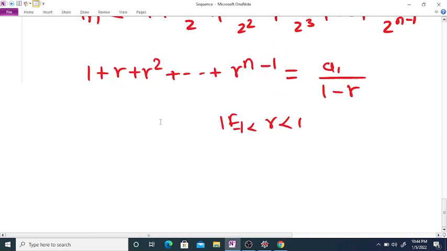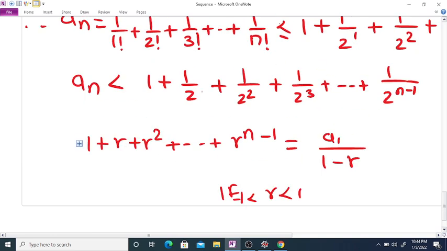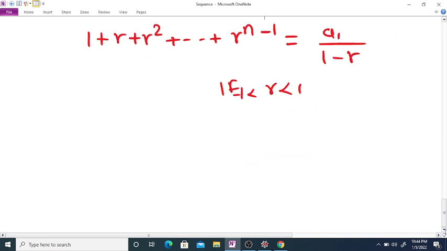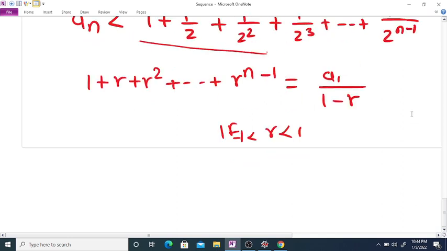So here if you compare this with 1 plus 1 by 2 plus 1 by 2 raised to 2, r is equal to 1 by 2 and the first term of the series is 1. Therefore the sum of the given series is equal to 1 divided by 1 minus r.